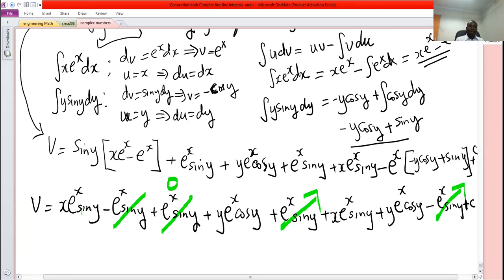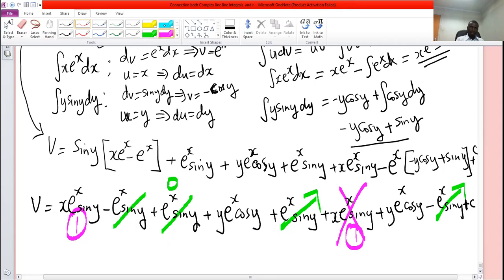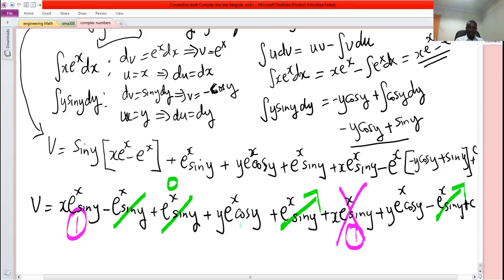And x e raised to power x sine y, x e raised to power x sine y. So you see this term and these other ones are repeating. This and this are the same, so you cross out one. Similarly, this term here and this term here are repeating, so we cross one.